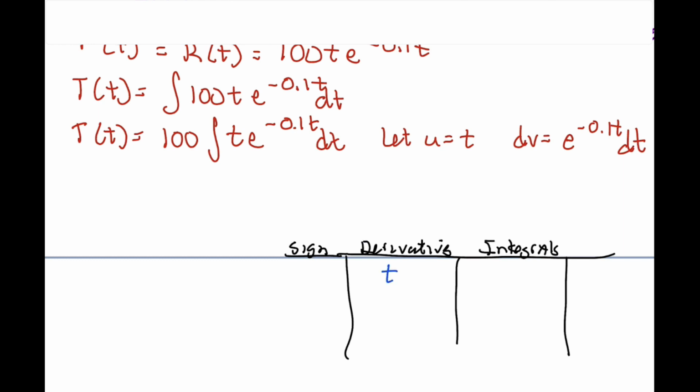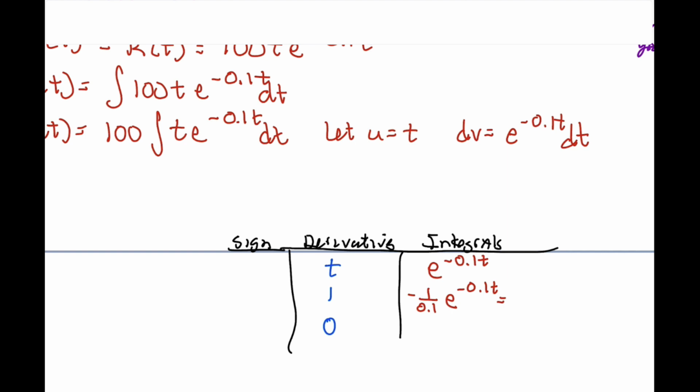Okay, so the derivatives of t are t, 1, and 0. The antiderivatives of our dv: let's simplify that, that would be -10e^(-0.1t), and the integral of that is just 100e^(-0.1t).